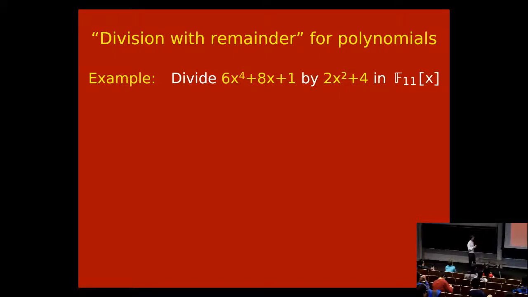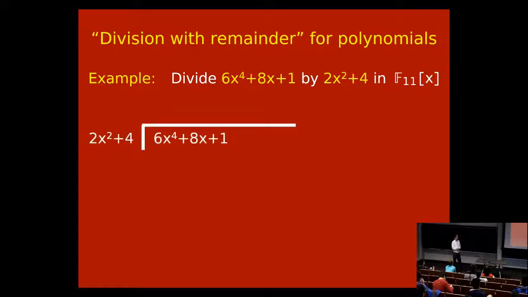And I want to divide this one, 6x to the fourth plus whatever, by this one, and get a quotient and a remainder. So I'll just do it. You write it down like this, and then you ask, what's the largest piece that goes into this largest thing? It's 3 times x squared. So then I multiply this by this. It's only semi-important for you to follow this calculation. It's sort of just for illustration.